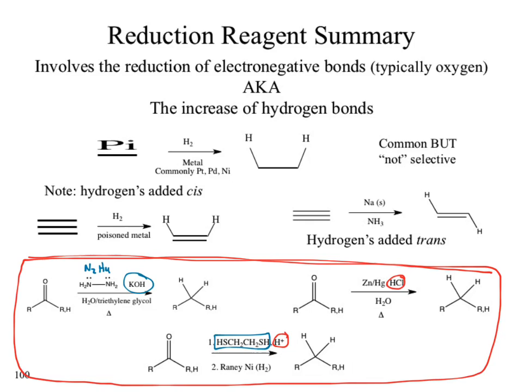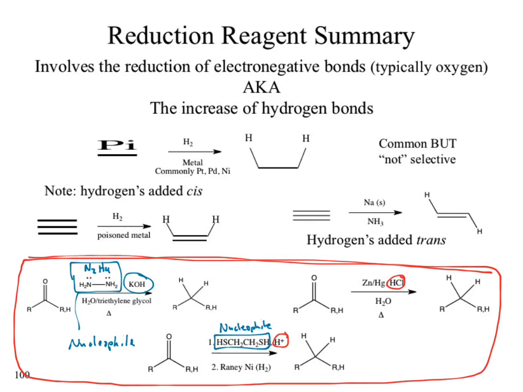That dithiol is a strong nucleophile, and hydrazine is a nucleophile. So if we have multiple electrophilic sites in our molecule, we need to be careful about using either of those reagents because the nucleophile could attack those other positions.